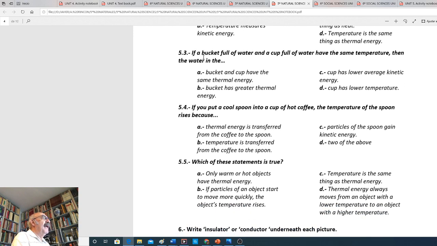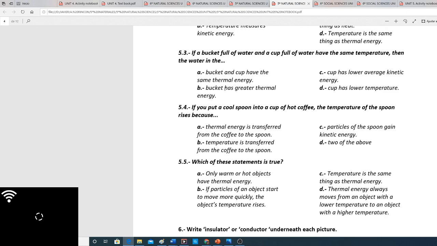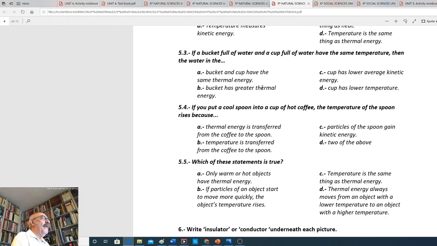If a bucket full of water and a cup full of water have the same temperature, then the water in the bucket and cup have the same thermal energy. No way. The bucket has greater thermal energy. Remember, we have a bucket and a cup. So B could be the cup has a lower average kinetic energy. Not necessarily. And the cup has lower temperature. Not necessarily. So the only correct answer in this case is B. Very good.